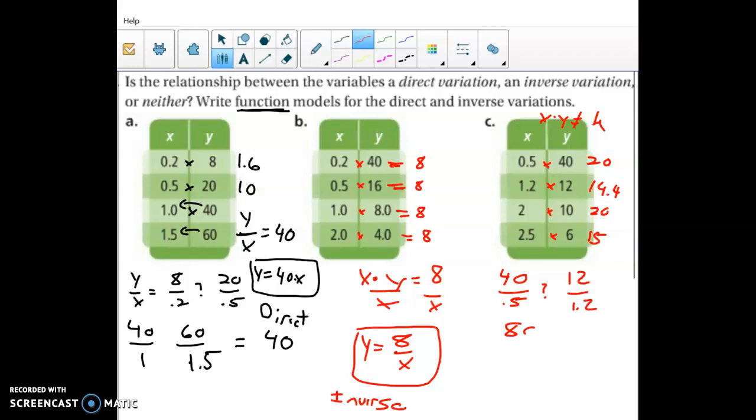This one is 80, and that's not equal to 10. Okay, so it's also true that y divided by x is not a constant. So this last table would be an example of neither direct nor inverse variation. Okay, so kind of a lot going on, but I always start with x times y or x divided by y when I have a table.